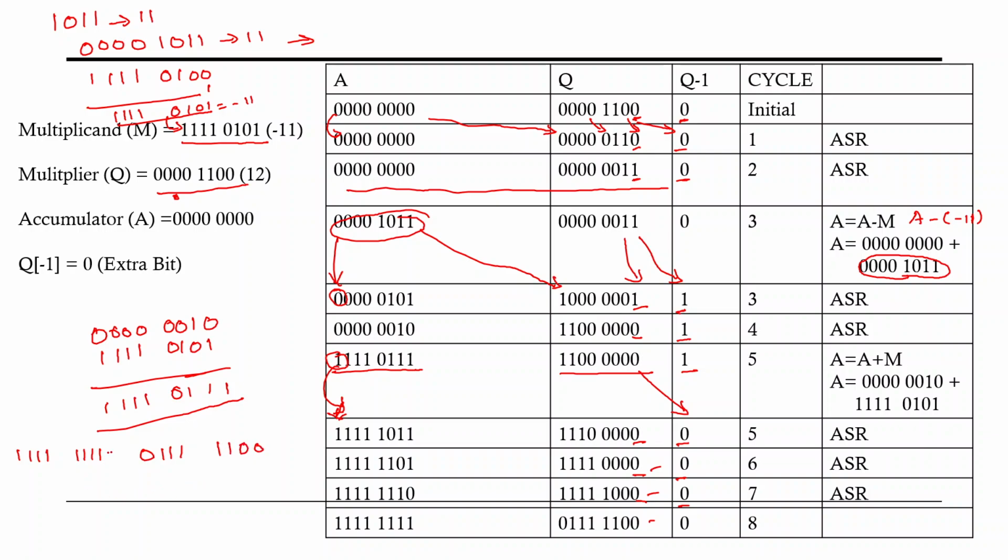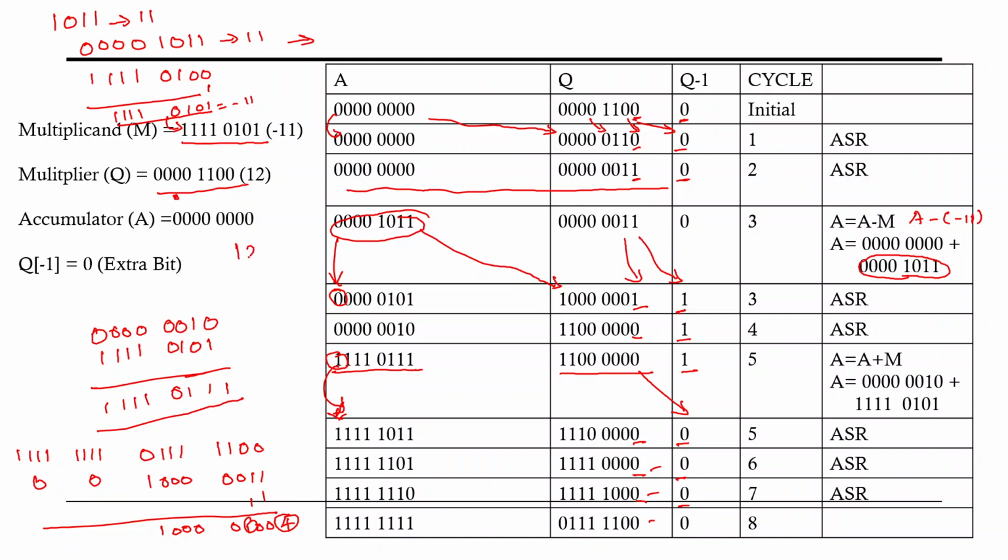So take the 2's complement. This will be full of zeros, then 10000100, adding 1 gives 10000100. So 2 power 2 is going to be 4, and 2 power 7 is going to be 128.